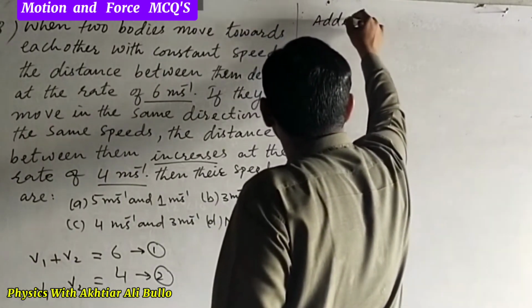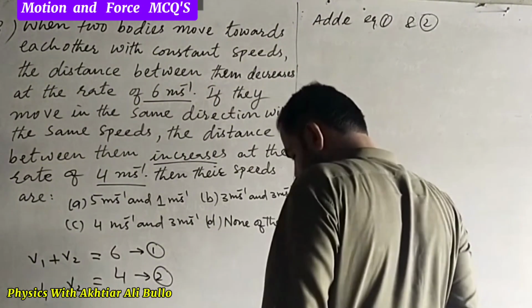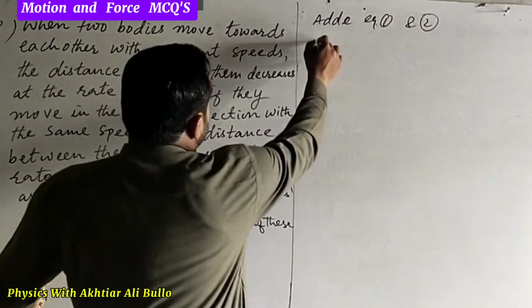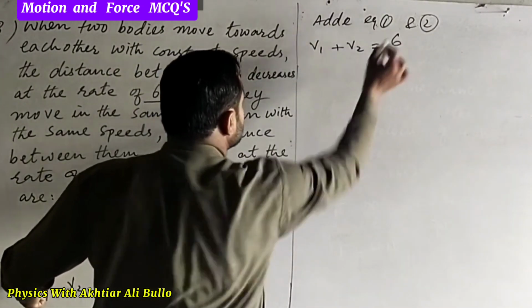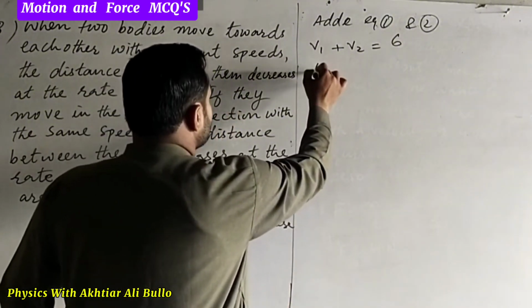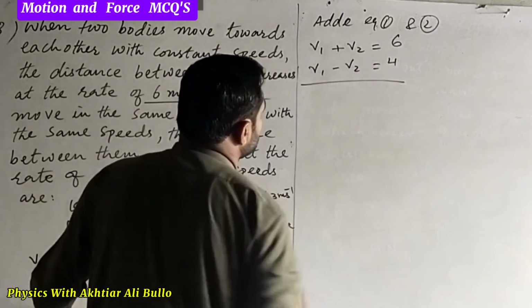Add equation number 1 and 2. Here equation number 1 is v1 plus v2 is equal to 6, and equation number 2 is v1 minus v2 is equal to 4.